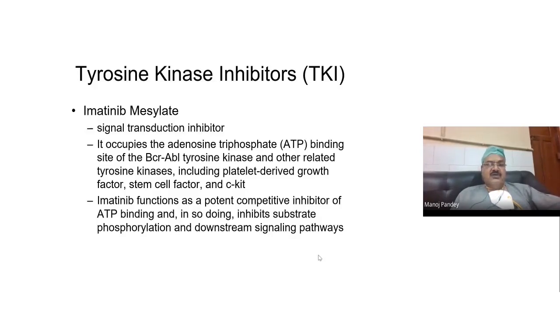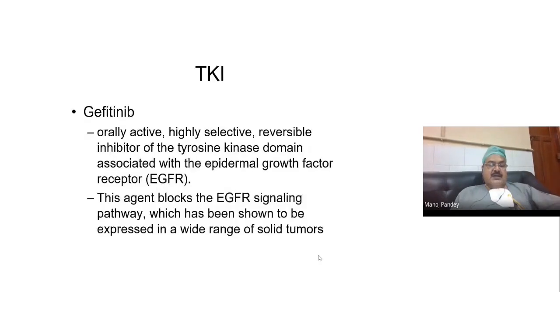Imatinib is a BCR-ABL tyrosine kinase inhibitor. BCR-ABL translocation is seen in CML, and this drug is very effective in all those patients where there is a BCR-ABL translocation. Then there are EGFR tyrosine kinase inhibitors like gefitinib.